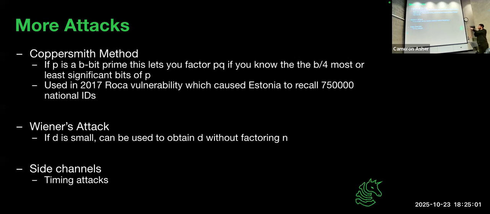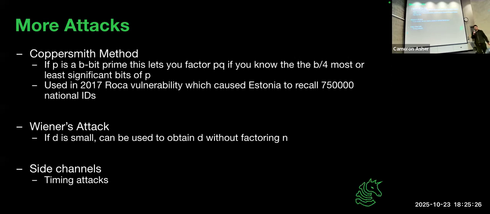We also have Wiener's attack. If d is small, if the private key is small, then we can obtain d without factoring n. This is used to minimize the size of the private key sometimes, but since this weakness was found, we can't use it anymore.